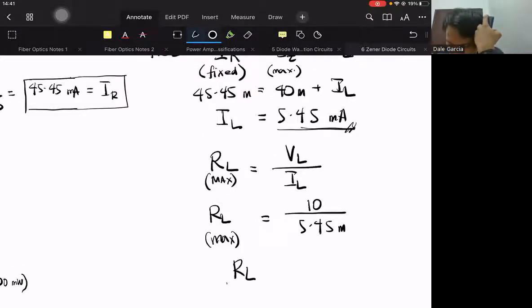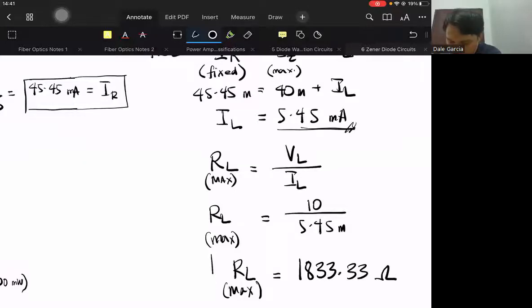Therefore, maximum RL is equal to 1833.33 ohms. Final answer.